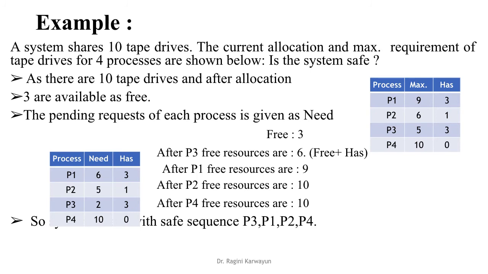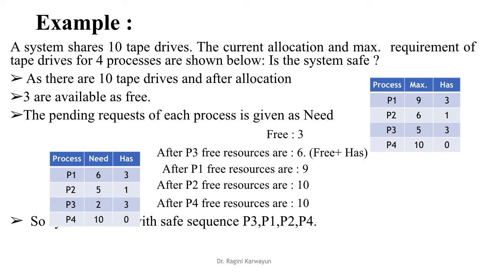So, another example: a system shares 10 tape drives, and the current allocation and maximum requirement of tape drives for 4 processes are shown below. P1 to P4 are the 4 processes, each having a maximum request of 9, 6, 5 and 10 respectively, and we have currently allocated 3, 1, 3 and 0 resources to these 4 processes.